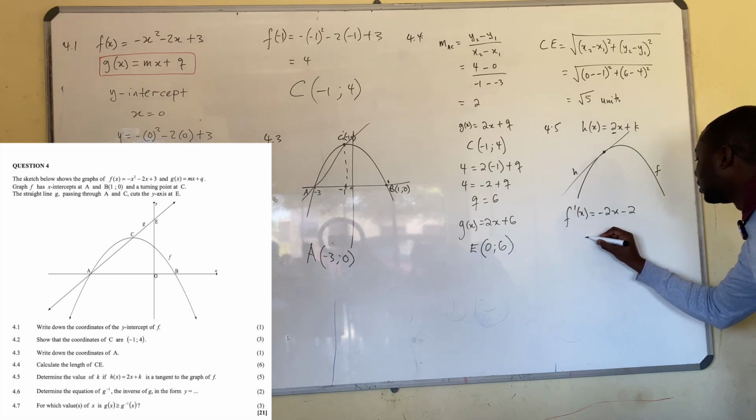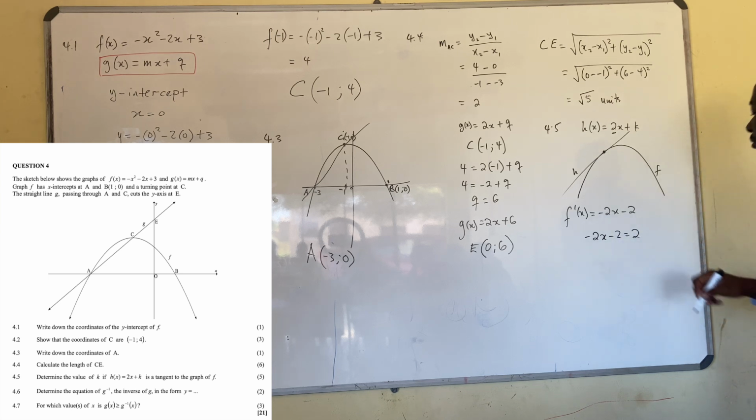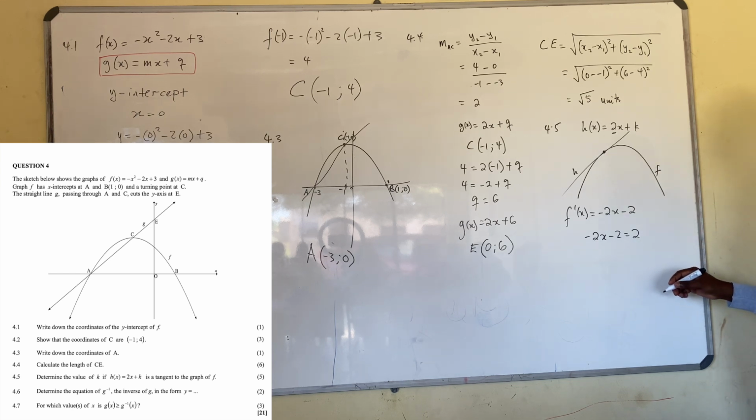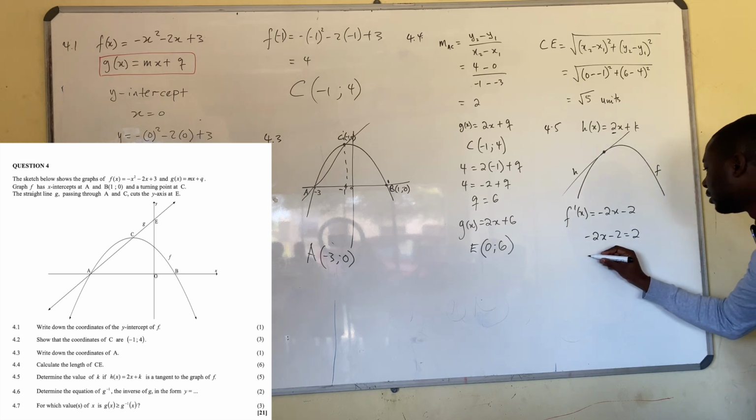So we know, we say negative 2x minus 2 is equal to 2. This is the gradient at this point of contact with the tangent. Now we solve that for x, which will give us the x coordinate of this point of contact. How do you do that?